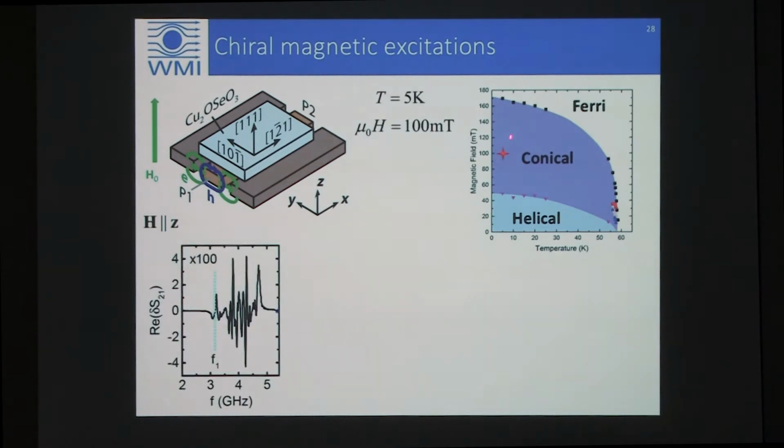We're going to set our temperature to 5 Kelvin and the external magnetic field, which in that plot is applied along the z direction, so out of plane or along the 111 crystalline direction of the copper selenide, and then we again do this frequency scan. Right, and this is the spectrum. You can see there's a ton of resonances, right?